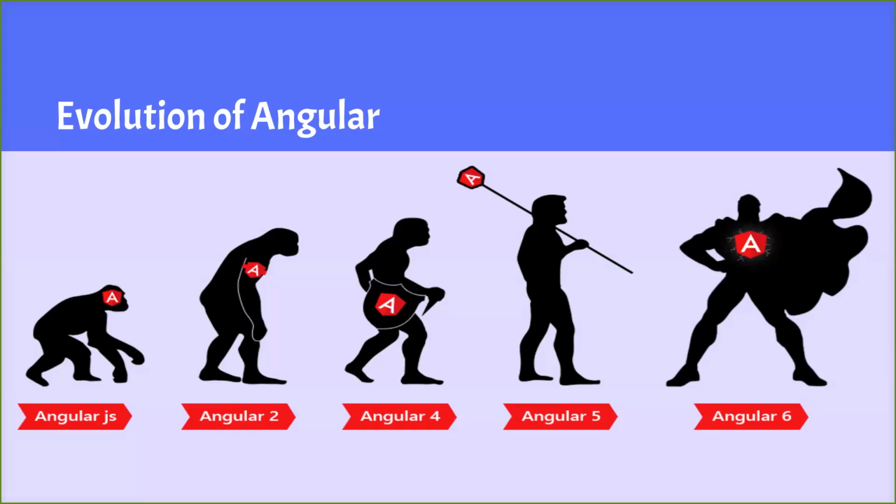In Angular 9, they introduced Ivy. We'll talk about what Ivy is in the next session, I guess. Every 6 months there's a new version of Angular released, but there's not much difference between versions. It's just some minimal changes.